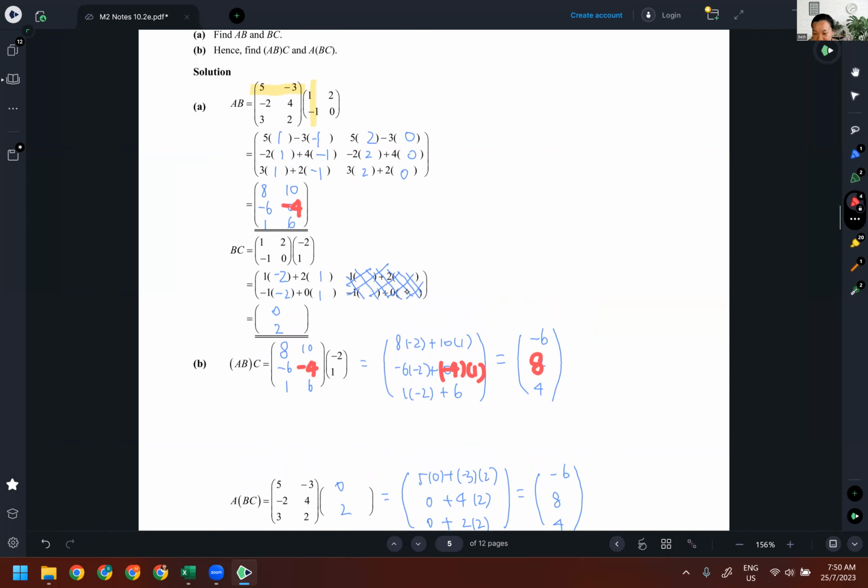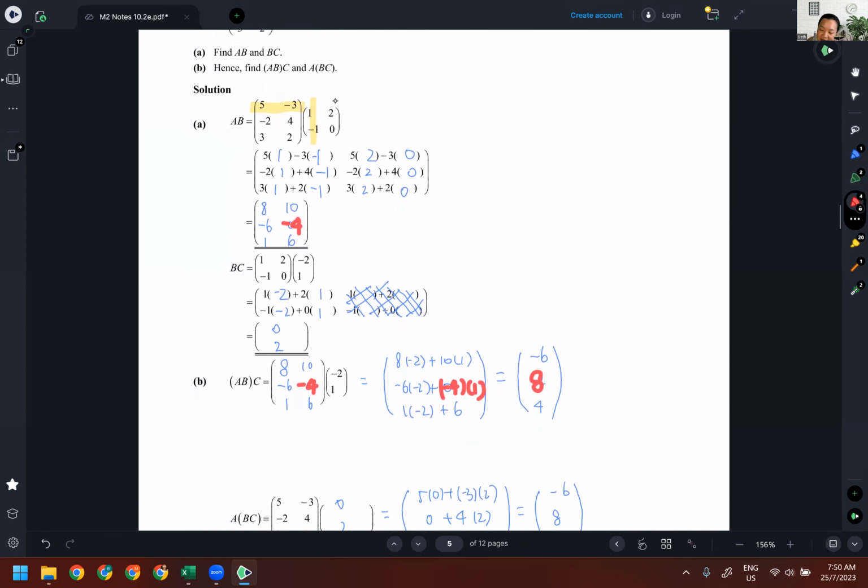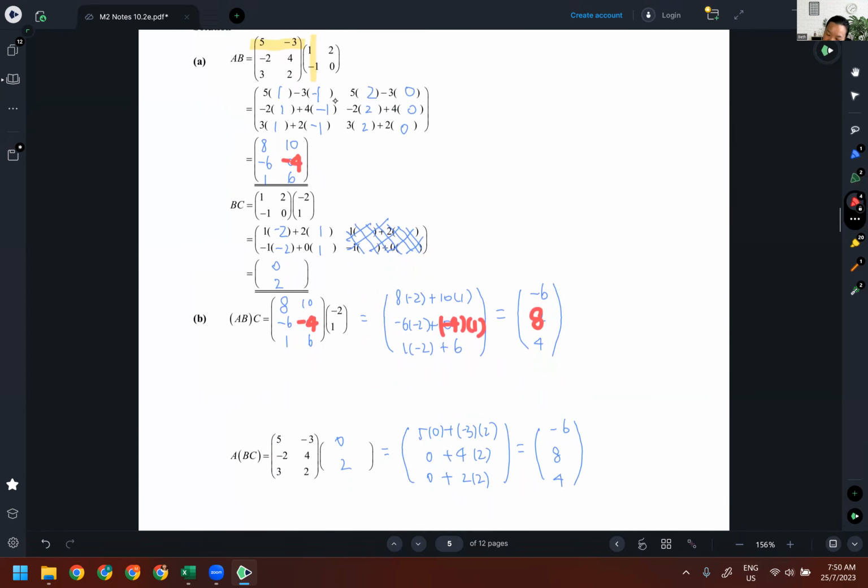Anyway, now it's a simple question. You do multiplication and then you do multiplication again. And then we learn from this multiplication. How do we learn? We learn that for this result and this result, A and B, now we multiply AB and then we multiply C. The outcome is the same as when we multiply BC first and then multiply A. Now pay attention that I just changed the order of the multiplication, but I did not swap them.